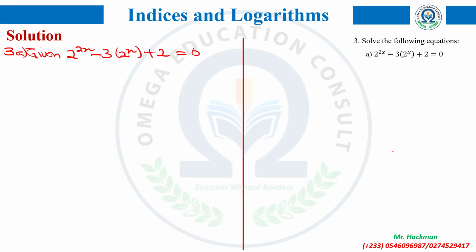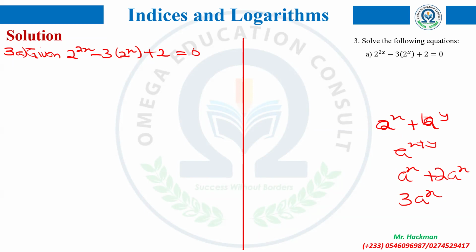If I have a to the power x plus b to a to the power y, can I say that this is a to the power x plus y? No, I cannot. However, if I have a to the power x plus maybe 2a to the power x, I know that these two are like terms, so I can add and write 3a to the power x. Is that clear?